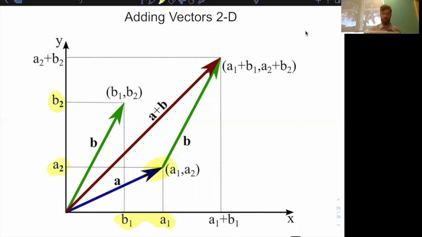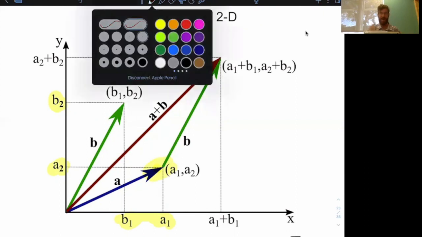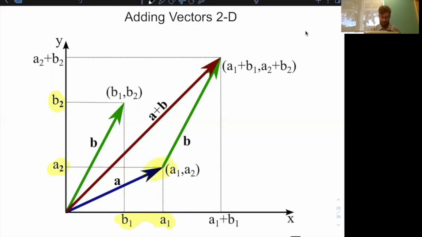Now, I want to point something out, that when they did add these vectors together, you'll notice that at the end of vector A, they pretty much created a new coordinate system, and they copied and pasted B right there, okay? So this angle that exists from B still exists right here.